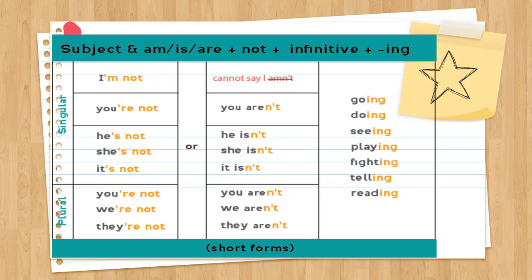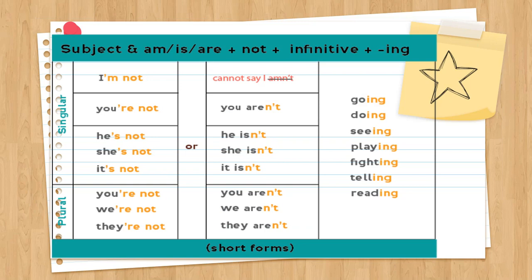You say you're not, or if you prefer you can say you aren't, or you're not doing, you're not going, you're not seeing, you're not playing, or you aren't playing, you aren't fighting, you aren't telling, you aren't reading. This is in negative.